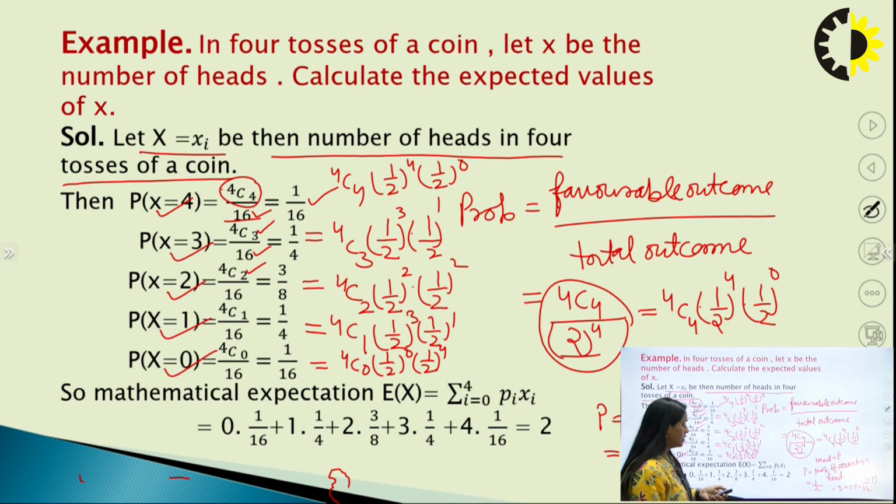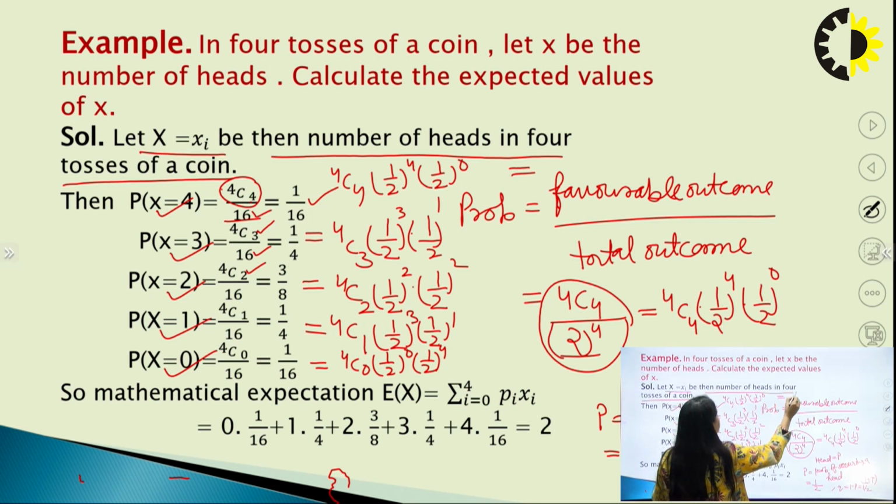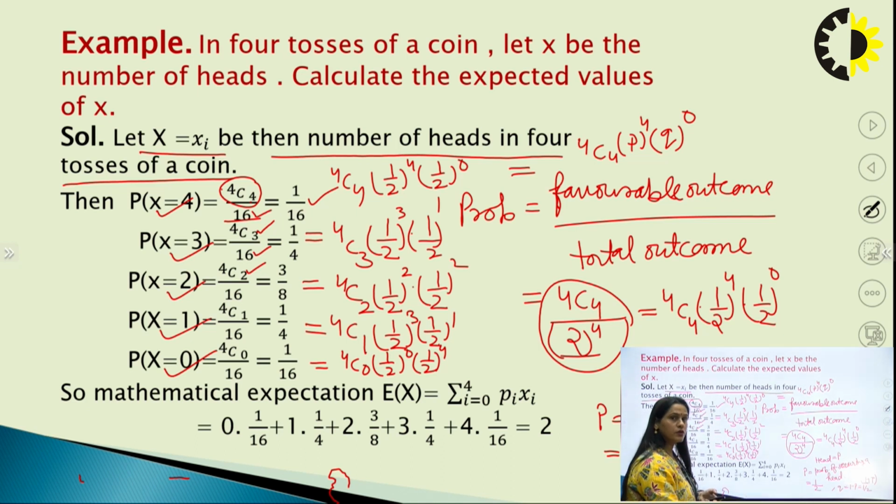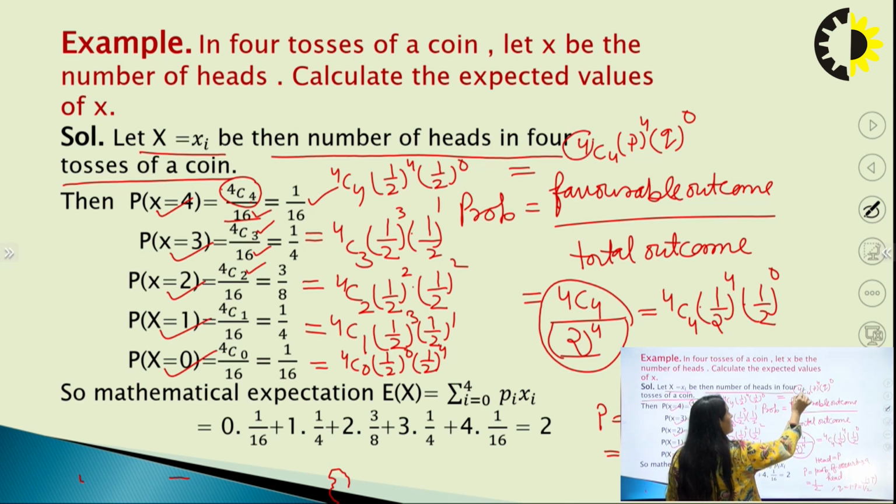So we can write this as 4C4 P to the power 4 into Q to the power 0, if P is 1 by 2 and Q is 1 by 2. What is N here? 4.